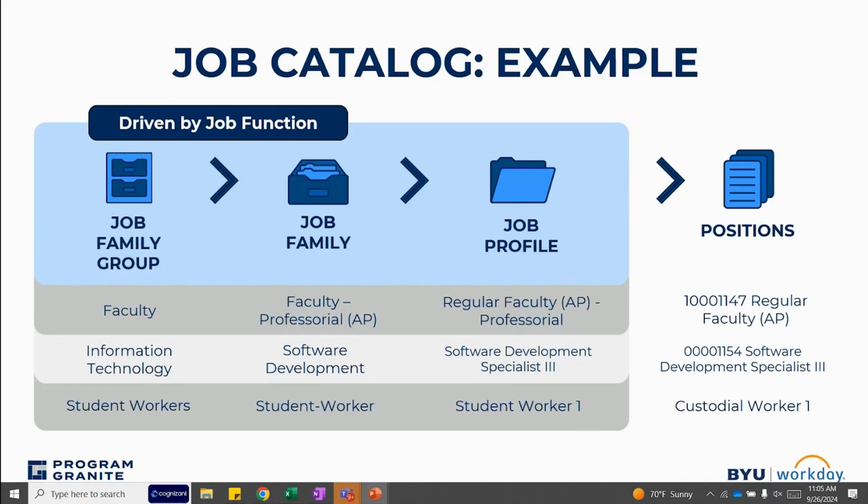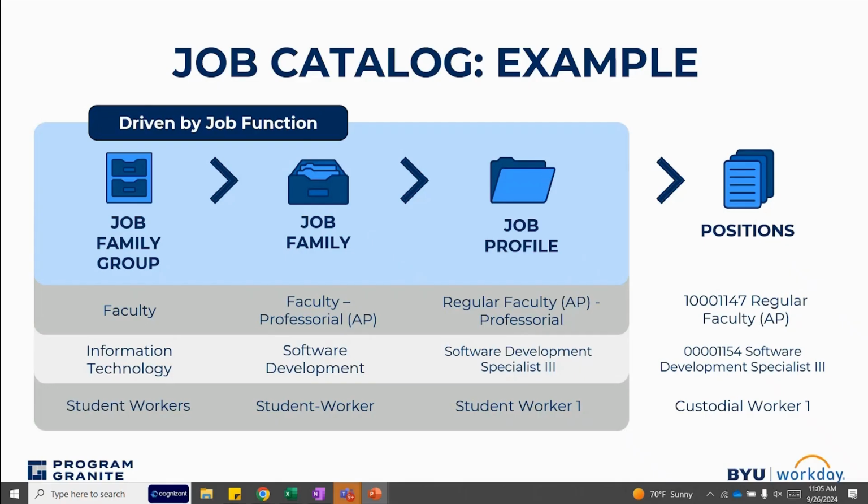Let's talk about the second example. I think this one's probably a little bit more straightforward. Big job family group is information technology, IT. The job family is software development, but within that family, you could have a software development specialist 1, specialist 2, specialist 3, software development manager, maybe. All of those profiles have essentially a slightly different job description.